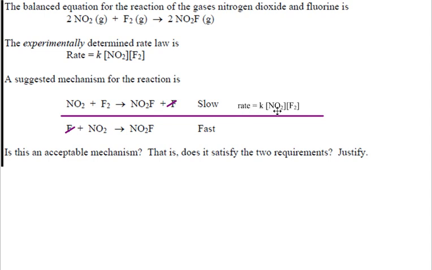So I would get that the rate equals K times the concentration of NO2 to the first, because there's only one of them, and F2 to the first, because again there's only one of them. And does that equal the experimentally determined rate law? It does. So this is a valid mechanism. And I would state that in my free response.